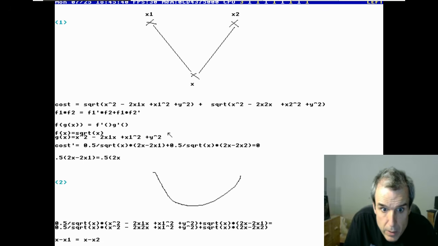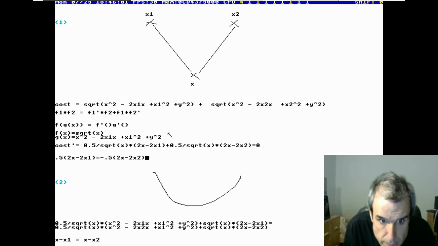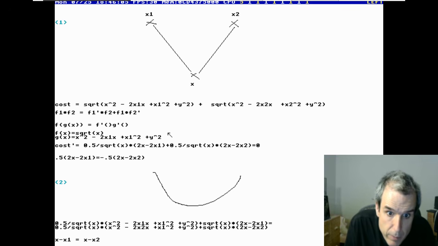That's good. I think that's good. Okay, we got rid of the square root from both sides. And 2x minus squared. Okay, and we can get rid of the 0.5.